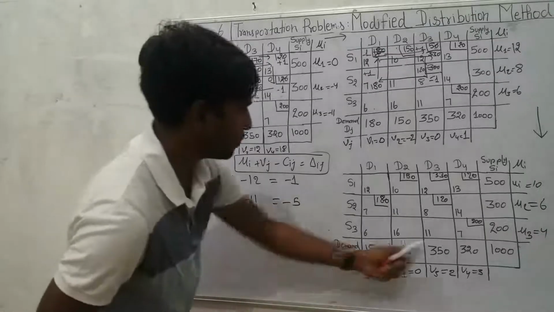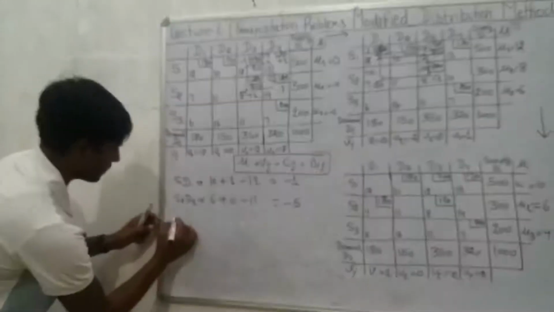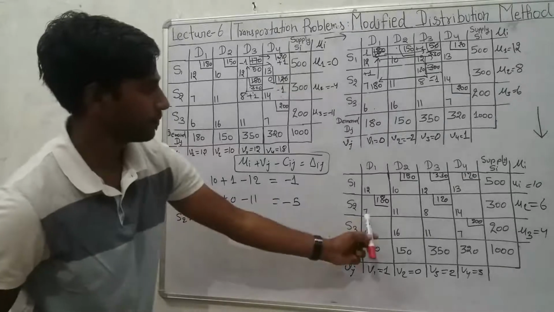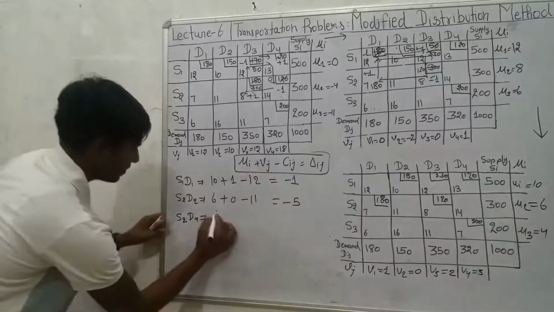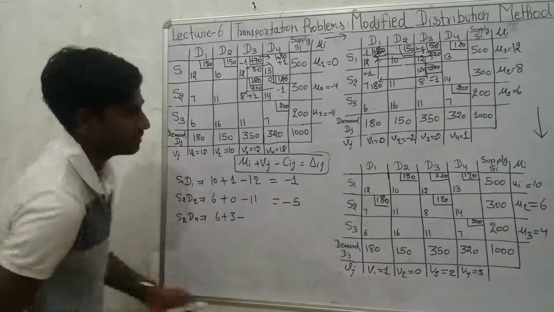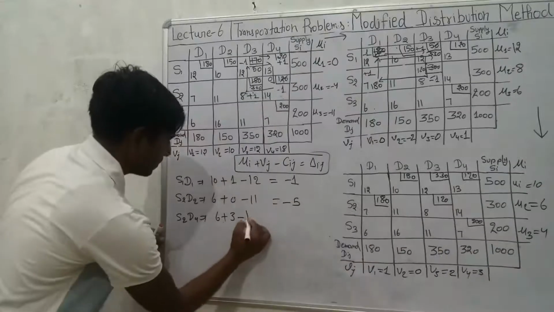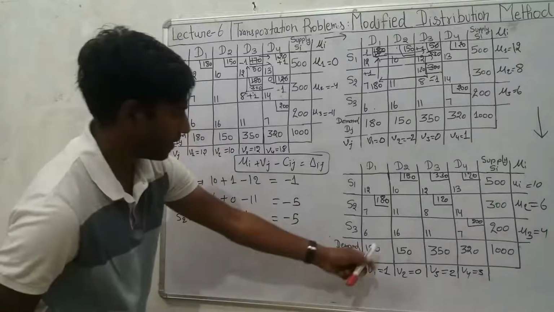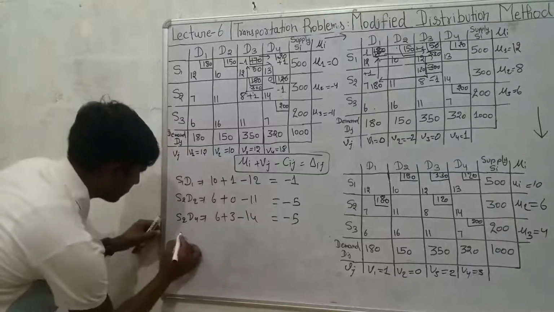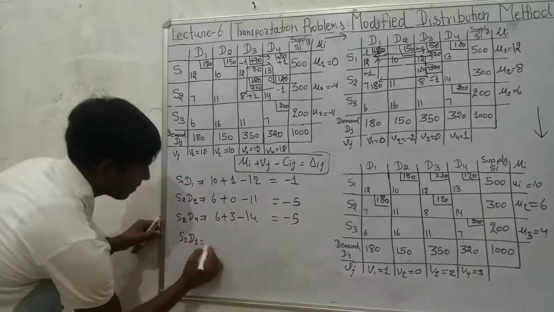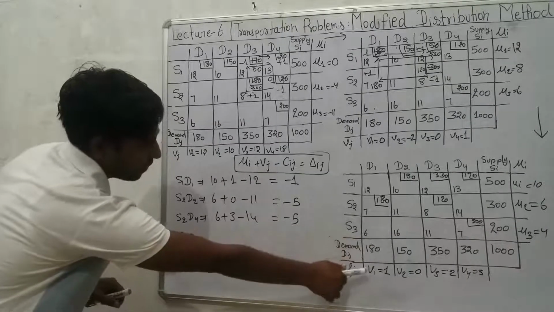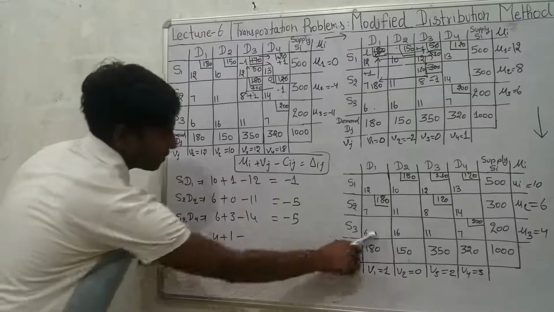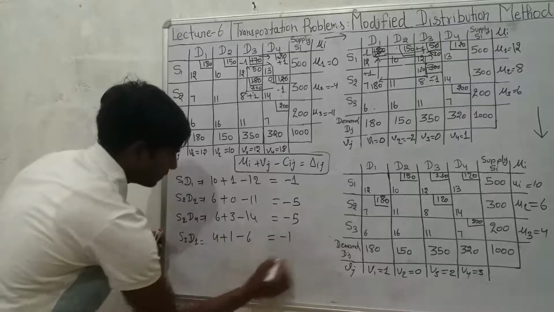For the next unoccupied cell, that is S2D4, 6 plus 3 minus 14, that is equal to minus 5. Next unoccupied cell is S3D1. Value of U is 4, for V is 1. 4 plus 1 minus 6, that is equal to minus 1.